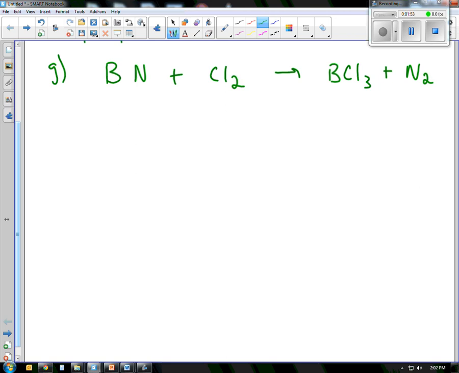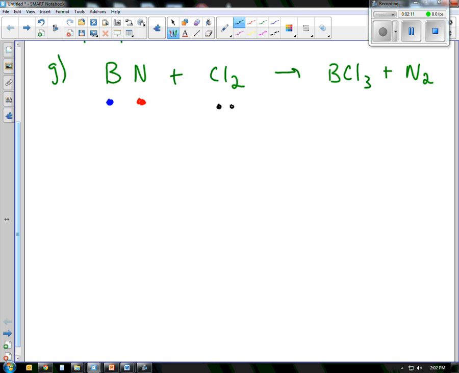So if you take a look there, here's what you would probably be thinking. You'd be thinking, okay, so I've got one boron there, I've got a nitrogen atom there, and this one happens to have 3, so I'll need 3 colors. I'll use black here.